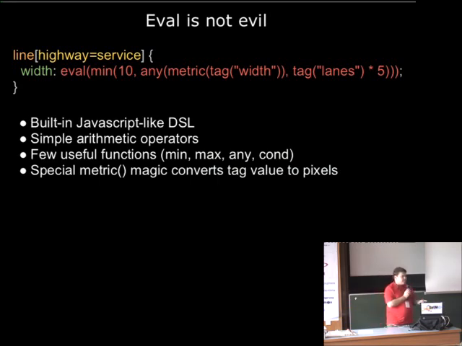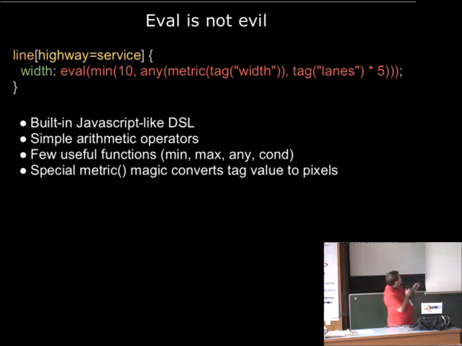And the last black magic thing in MapCSS is the eval. Eval is a built-in JavaScript-like DSL, built into MapCSS, and it allows you to specify some property values at runtime.